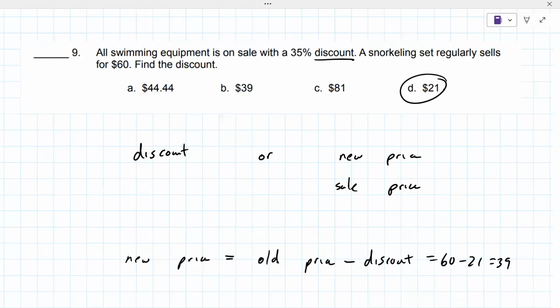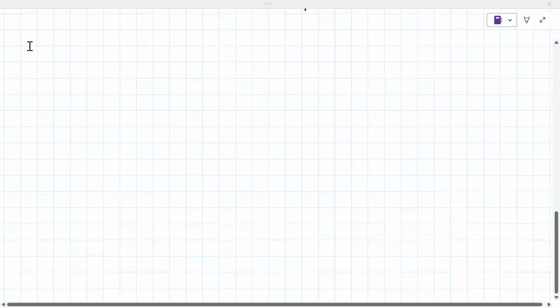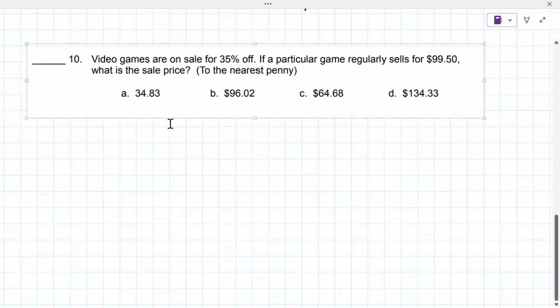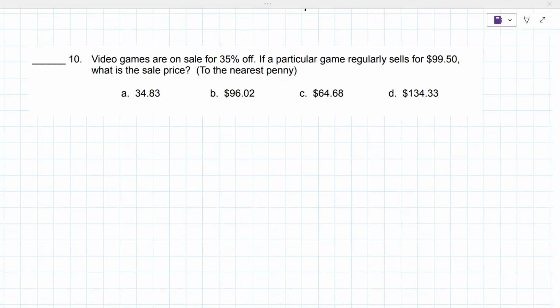Good. Okay. So in this next problem, they're asking for the new price, but you do have to calculate the discount to do that. So it's encoded in the situation that you have to do that part.